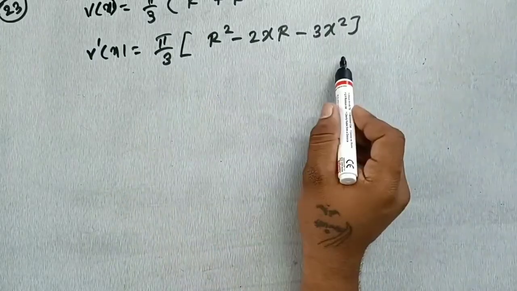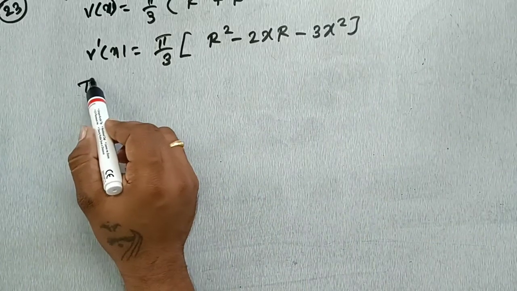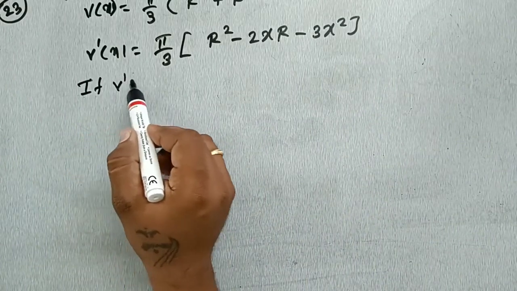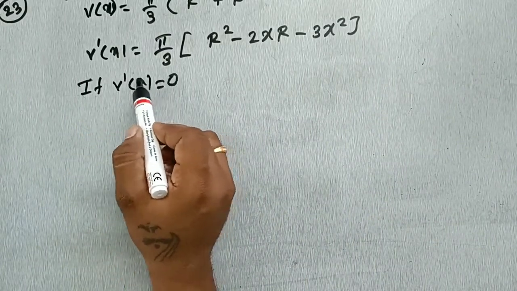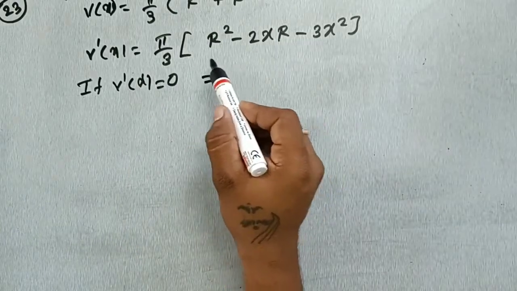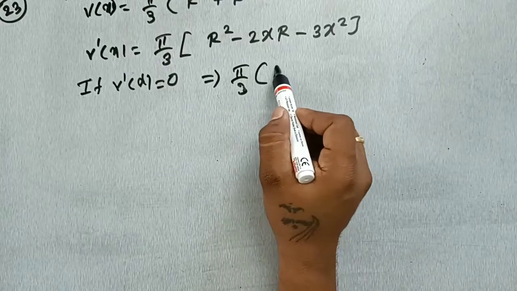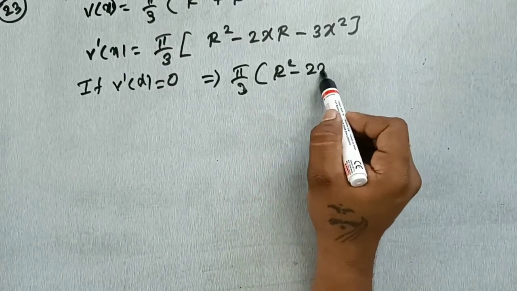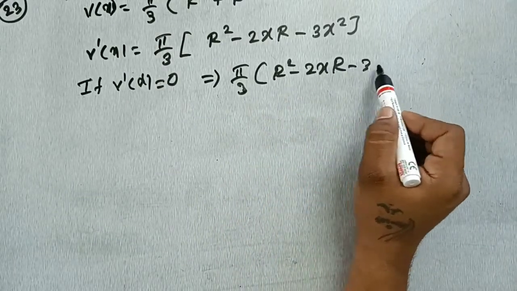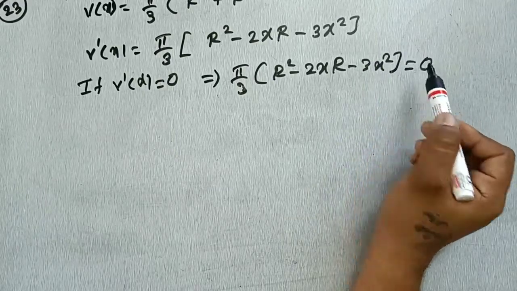This is the first derivative. To find the critical point, first derivative equal to 0. So V dash of x equal to 0 implies pi by 3 into R square minus 2xR minus 3x square equal to 0.